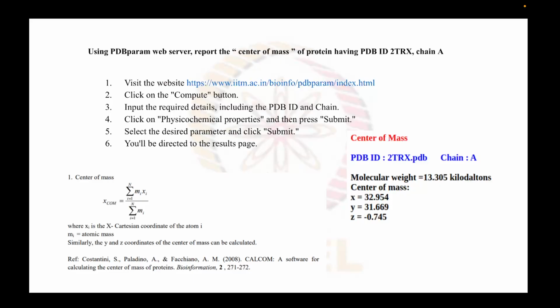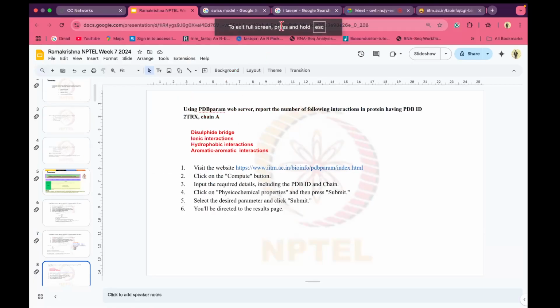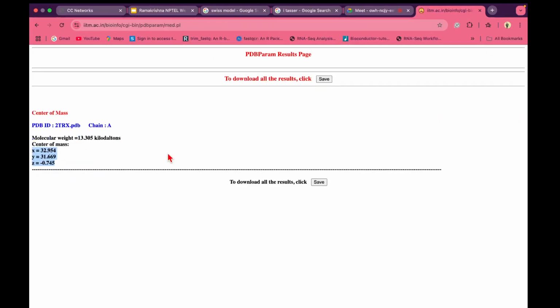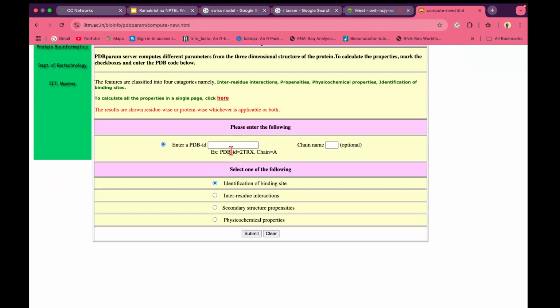Yeah, so these are the steps that we have seen in the server. Using PDB param, let us try to report the following number of interactions for PDB ID 2TRX chain A. The interresidue interactions are also part of physicochemical properties.